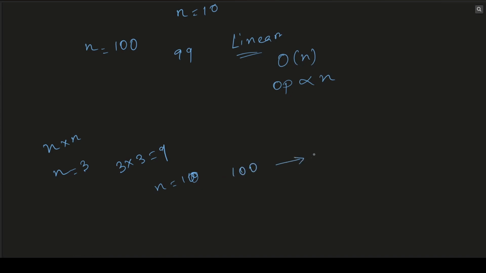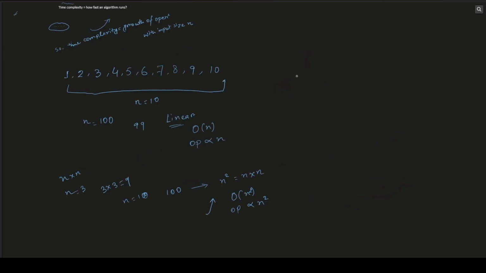So here the number of print operations is n square. We call this quadratic, and it grows much faster. We define it as order of n square, where the operations are proportional to n square. So complexity is about how fast the line goes up when you increase n.